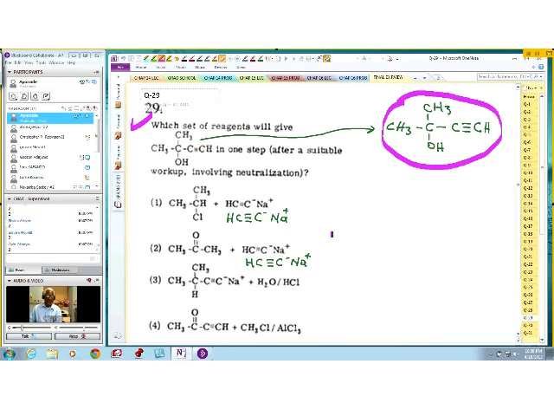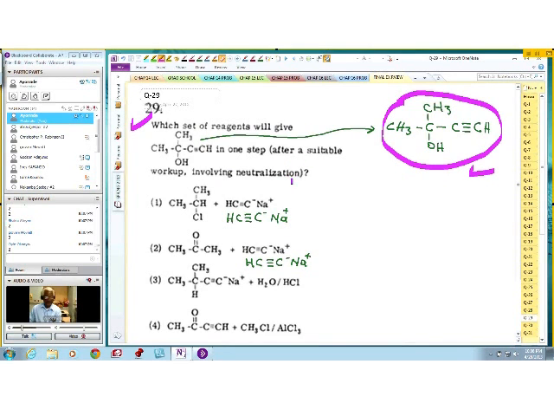Okay, thank you, and very good. So what they are asking here, once again testing your knowledge of the reagent and also testing your knowledge of reaction mechanism. Which set of reagents will give this product here in one step after a suitable workup involving neutralization.